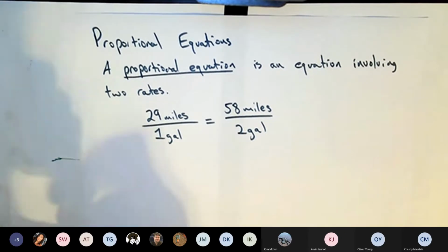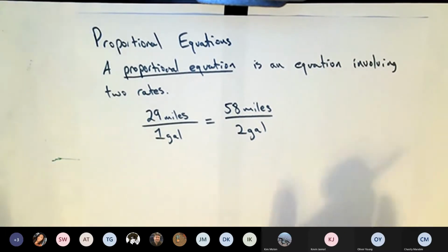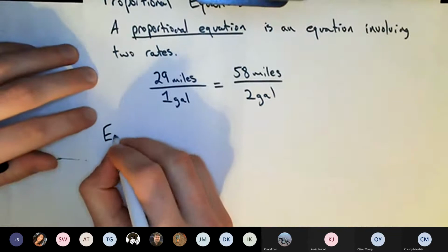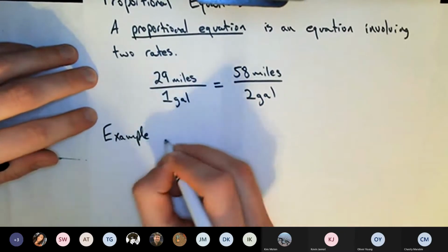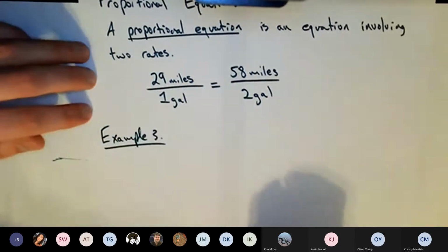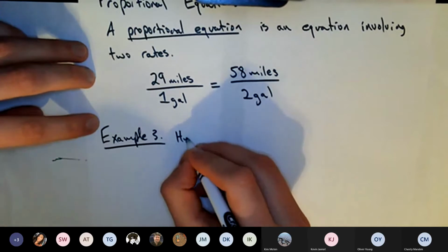Okay, so how is this useful? Well, example 3. Here's a question.